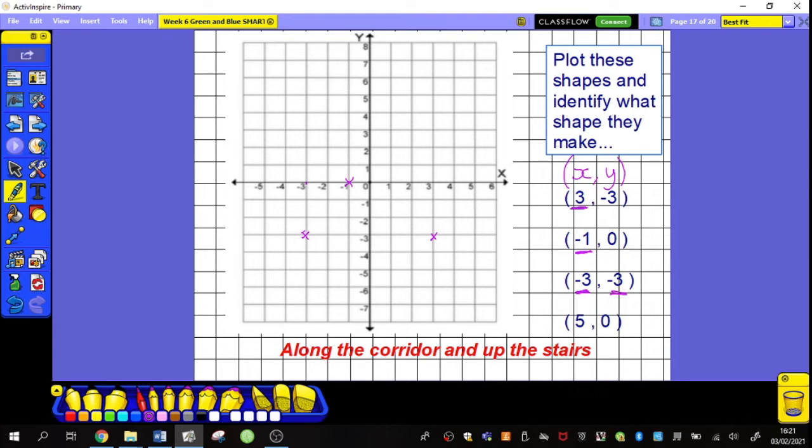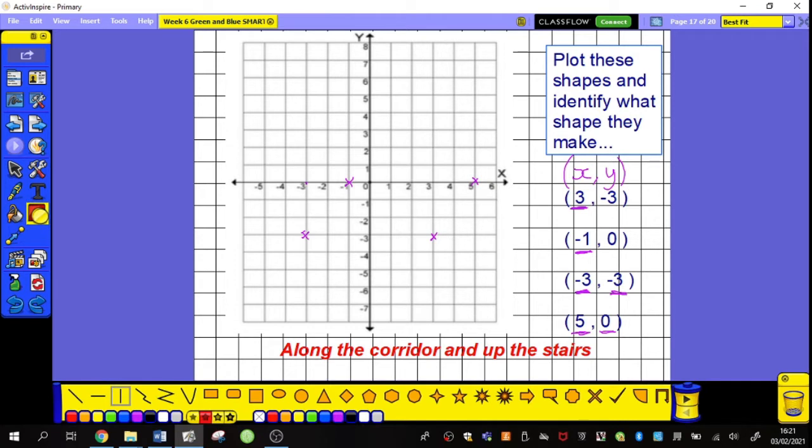And finally, my last one, nice and simple, I'm just going to go along 5, and I'm not going to go up or down anything because my y is 0. So once I have my shape, remember I need to join up my coordinates. Not happy with that, that's not on the line. I'm going to try that one again.